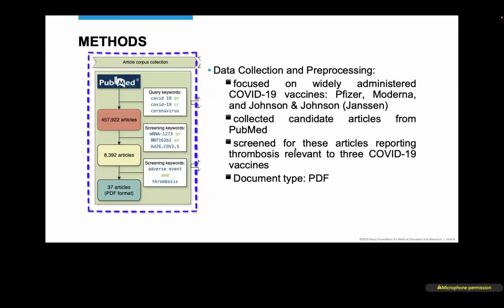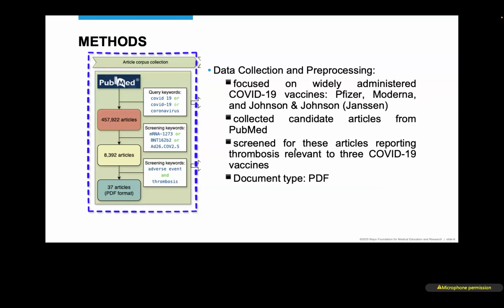And this is the first part. We collect the data from PubMed. We focus on the widely administered COVID-19 vaccines, Pfizer, Moderna, and Janssen. We make a query with COVID-19 and coronavirus, and we get over 450,000 articles.